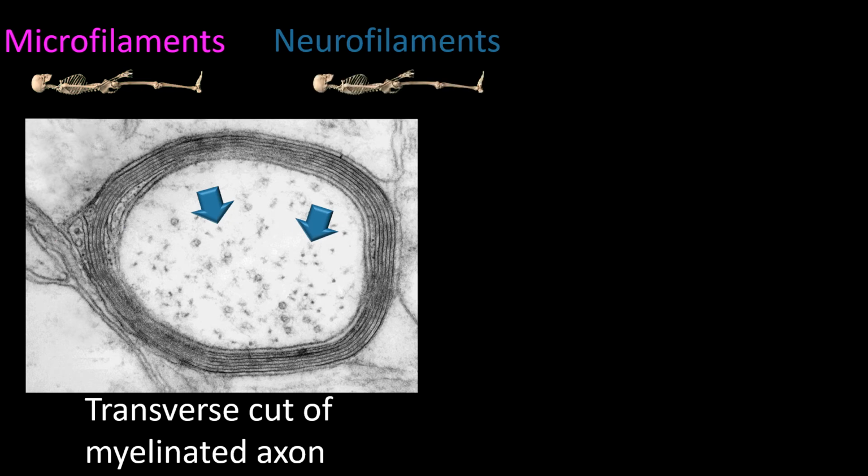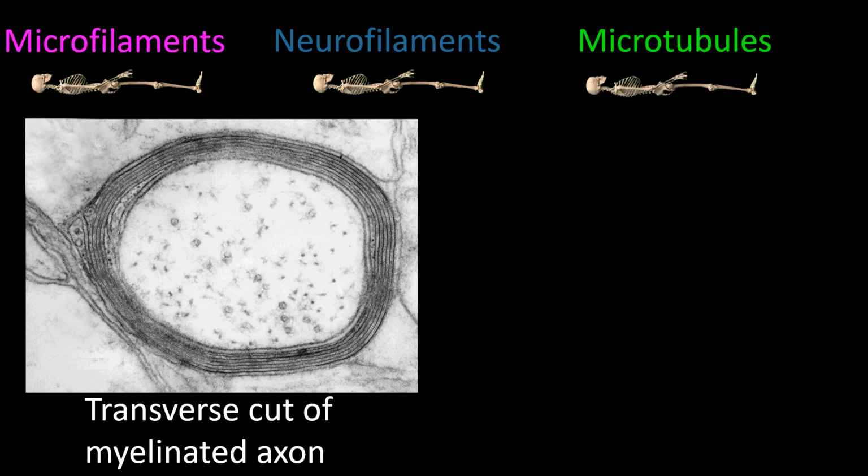They too constitute a component of the cytoskeletal system. The microtubules are the third component of the neuron cytoskeletal system. They indeed have a tubular appearance, as you can see.